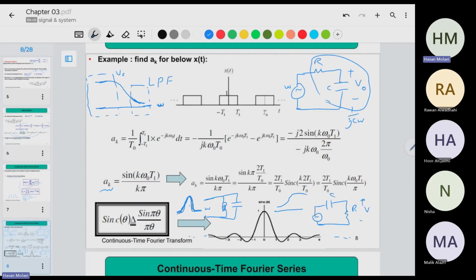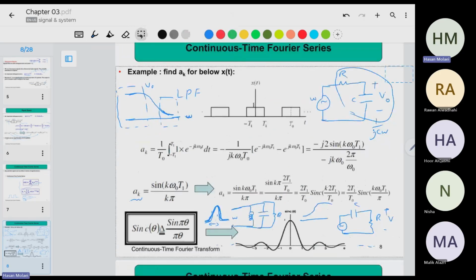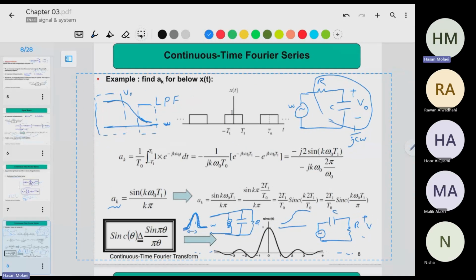You can set these ones with R, L, and we will learn about this more later. It was just how we can make a filter.